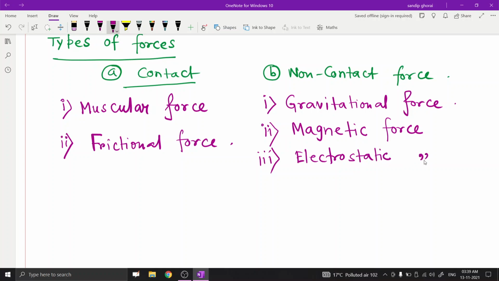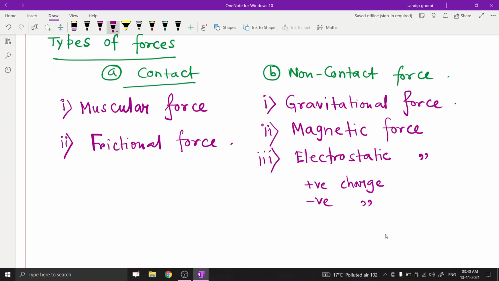And what is the definition of electrostatic force? In this case, we take two different types of charge, positive charge and negative charge, and the force acts between objects that have opposite charges: they attract each other, because we know a positive charge is attracted by a negative charge, while objects with similar charges repel each other.